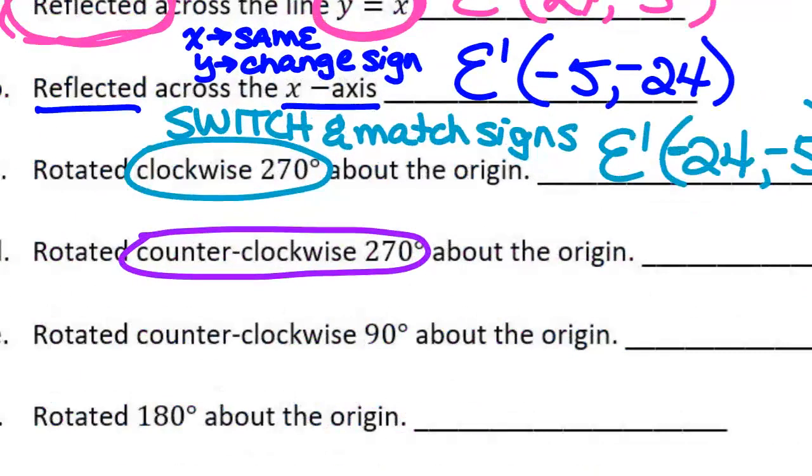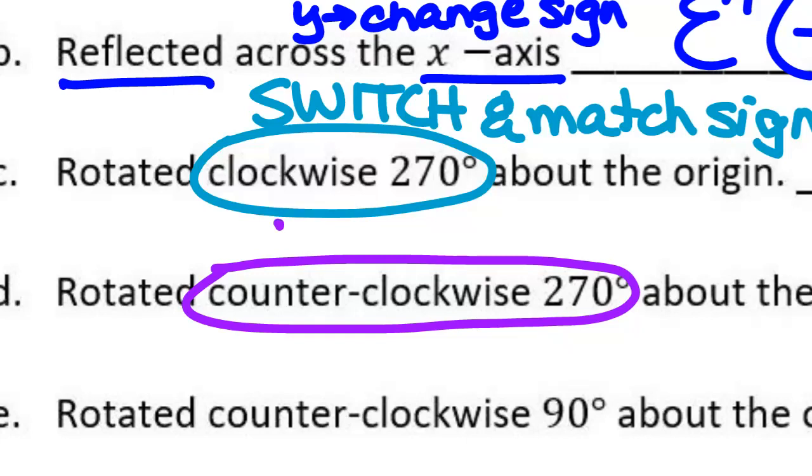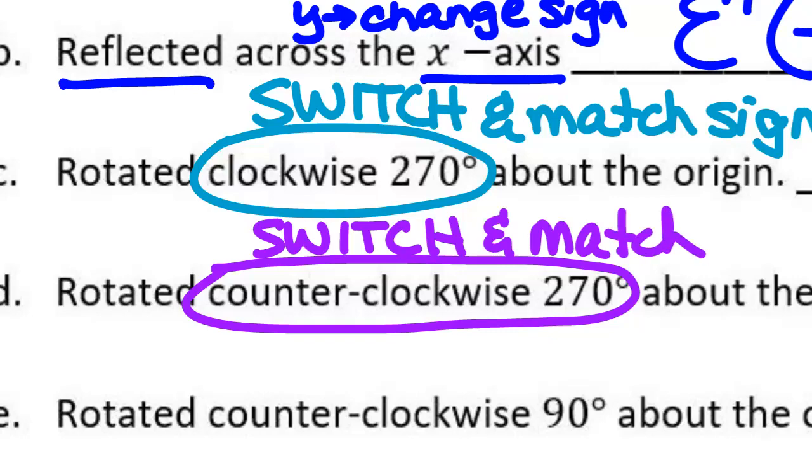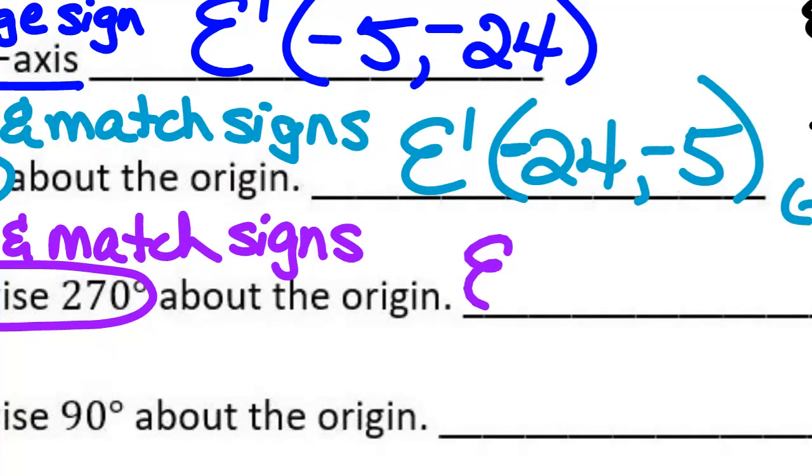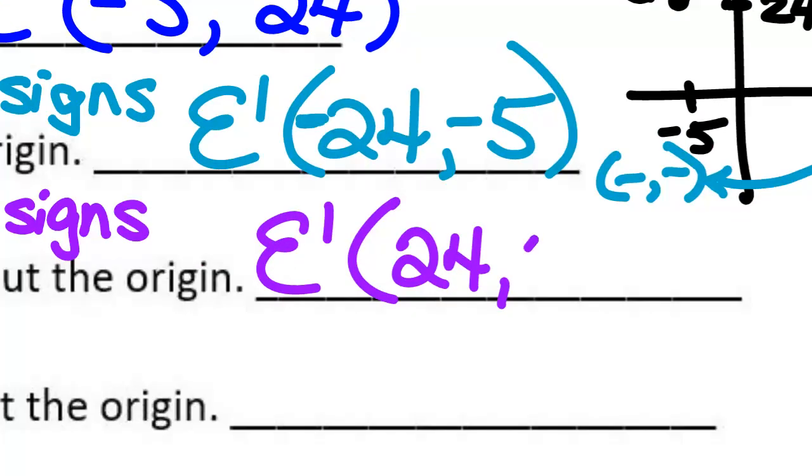Do I need to switch? Yes. Switch and match signs. So E prime would be what? 24, 5. Nice work.